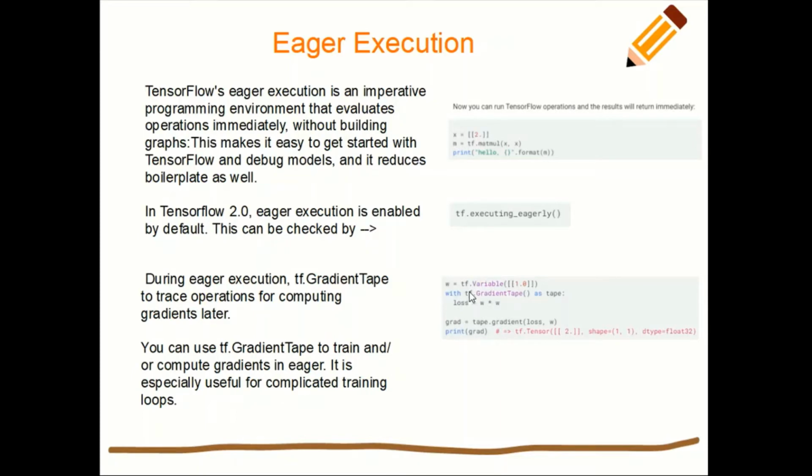Whatever happens in this context, in this particular case we are just calculating the loss as w into w. Once that is recorded, we can calculate the gradient of this loss by calling tape.gradient, passing the loss and the weight. We want to calculate the gradient of the loss with respect to the weight. That's why we are doing tape.gradient with loss and weight in brackets.